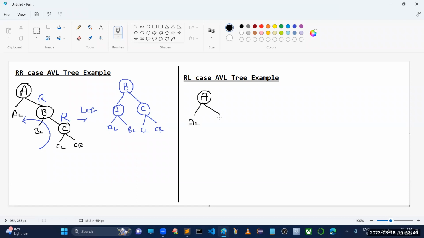For this, B is the right subtree. And for B, we have C as the left child. For C, we have CL and then CR. For B, we have BR. Like this we have.